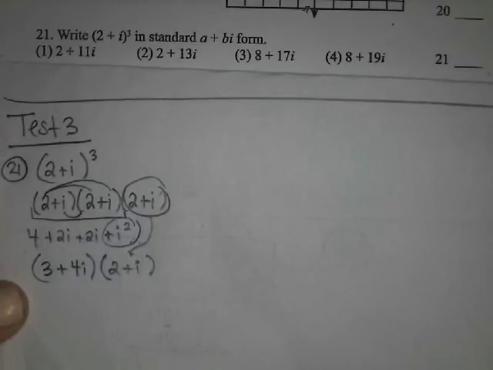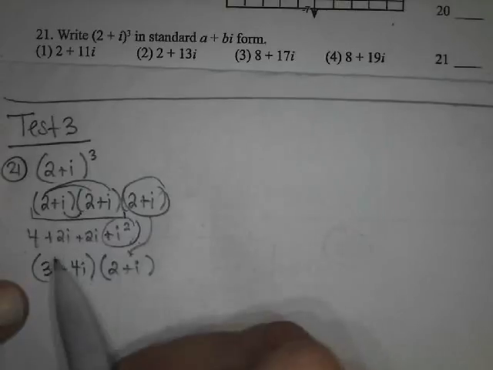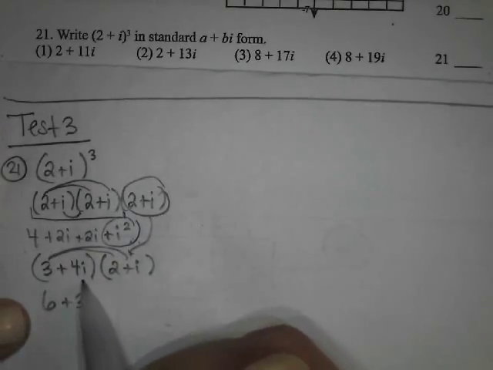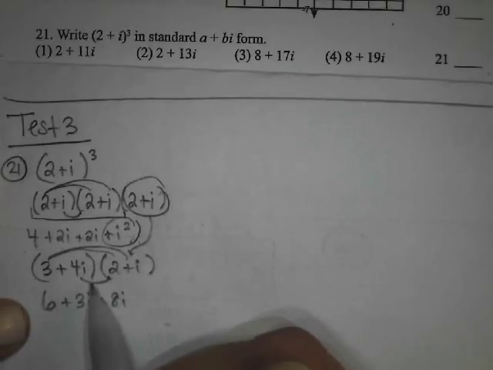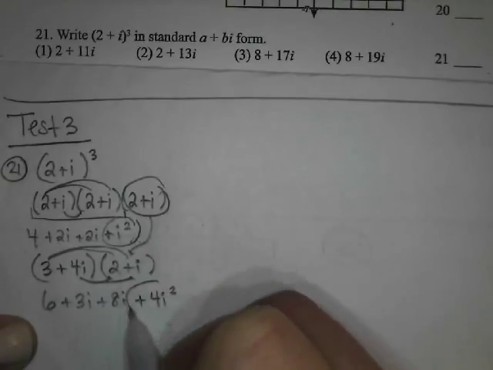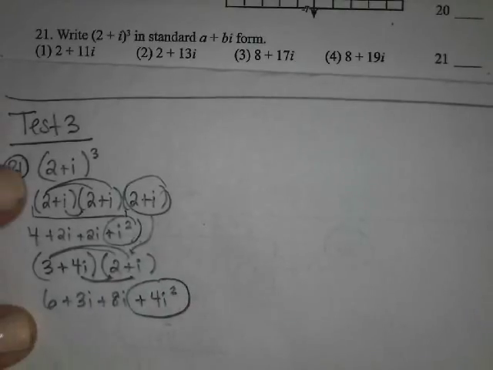Good? FOIL: 3 times 2 is 6, plus 3i, plus 8i, plus 4i squared. And tell me again, what's going to happen to this plus 4i squared? Minus 4.